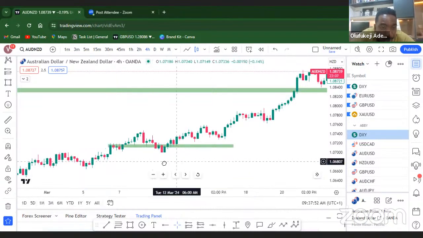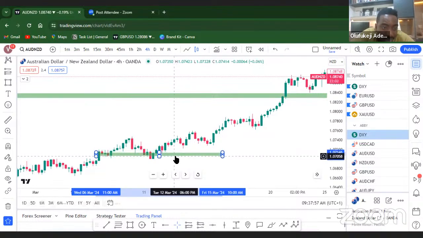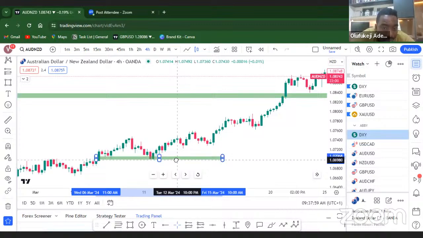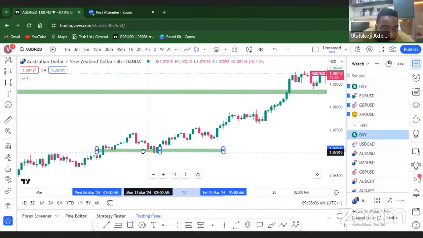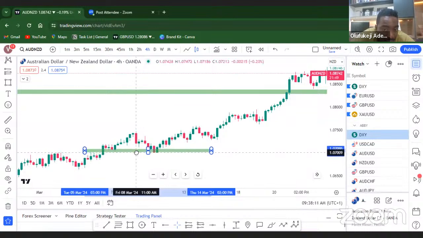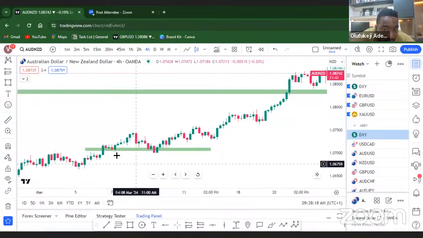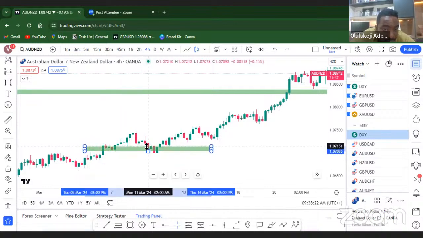So that place of 1.0740, you should go up. Or just draw a line at 1.0740.